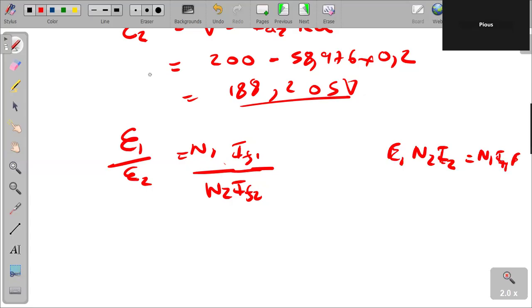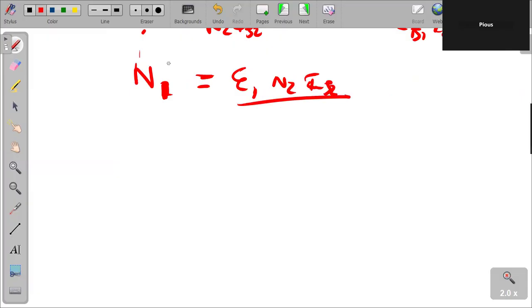So we can now divide by IF1 times E2, which will give us N1. N1 specifically is equal to E1 N2 IF2 divided by IF1 times E2.